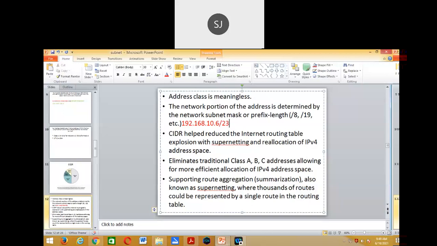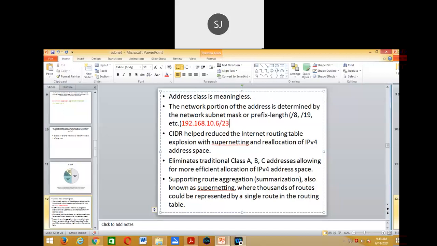So what is the subnet mask now? Can you write the subnet mask for this? It is very simple. 23 bits are used for network ID, then 9 bits are used for host ID. Then what is the subnet mask? Subnet mask again is very simple.